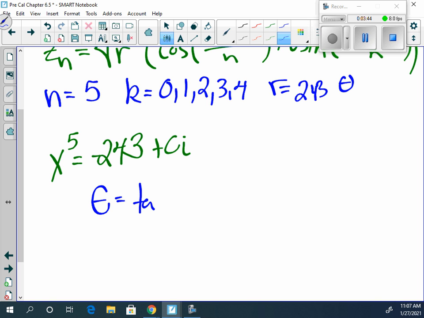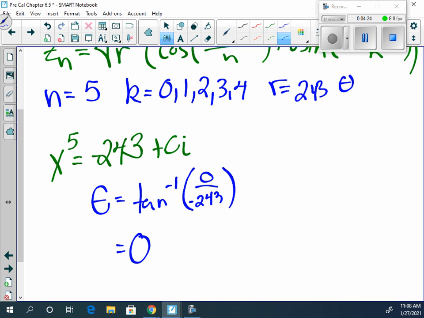Theta is equal to tangent inverse of b over a. That's tangent inverse of what? 0. Now, x, our a value, is positive or negative? It is negative. If it was positive, we would be at the positive x-axis between quadrants 1 and 4.